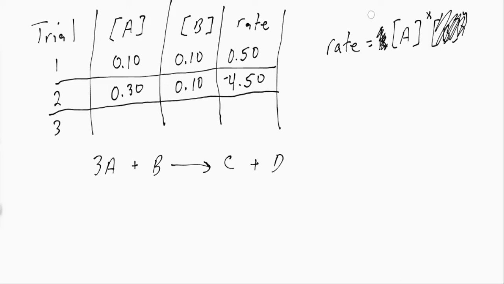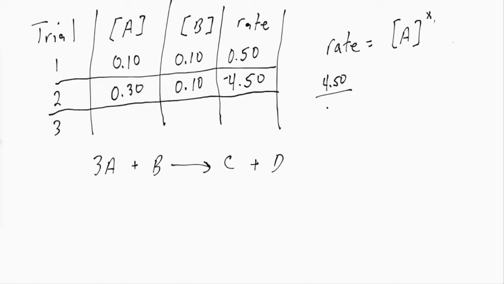So for the purposes of determining the order with respect to A, all we need to do is compare two trials. And we do that by taking a ratio of one trial, and let's do trial 2 compared to trial 1. This is enough data to find out the order with respect to A. So we'll say the rate of trial 2 is 4.50.